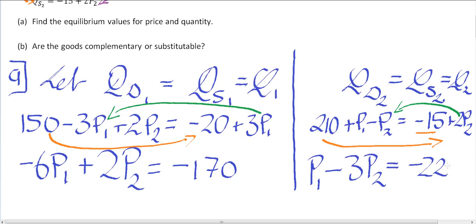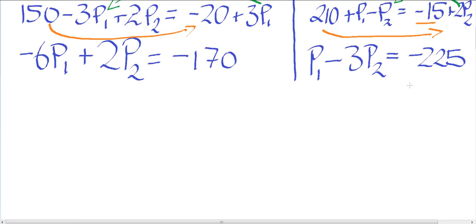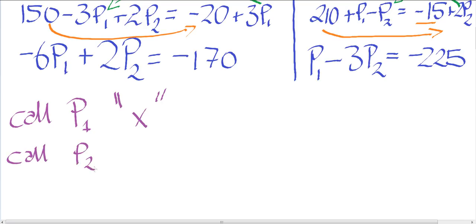Okay. So now I have my two equations with two variables, and that's simultaneous equations. Now I'm going to give you a tip, you don't have to do it if you don't want to, but I find this P1, P2 business a bit annoying. So what I'm allowed to do, maybe I'll put that in a different colour, I'm going to call P1 X, and I'm going to call P2 Y. There's no big deal about that.